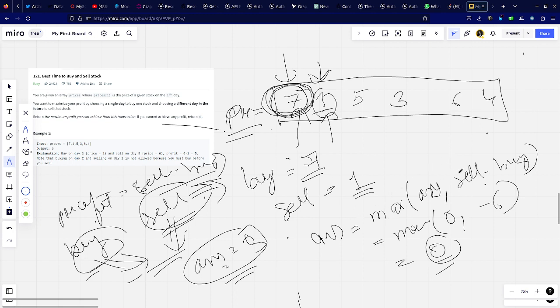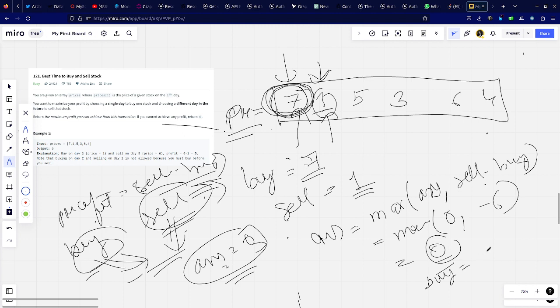Now what we can do is, if we are facing a loss, that means the current element is lesser than the previous buy.